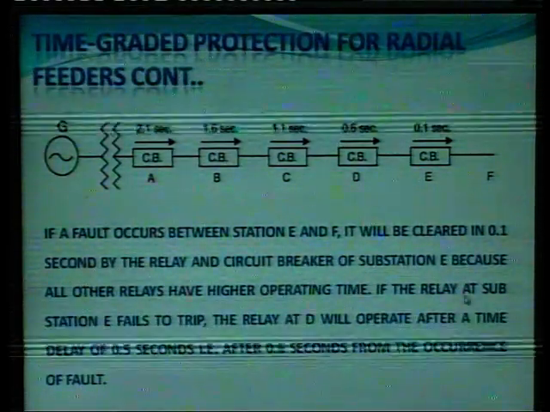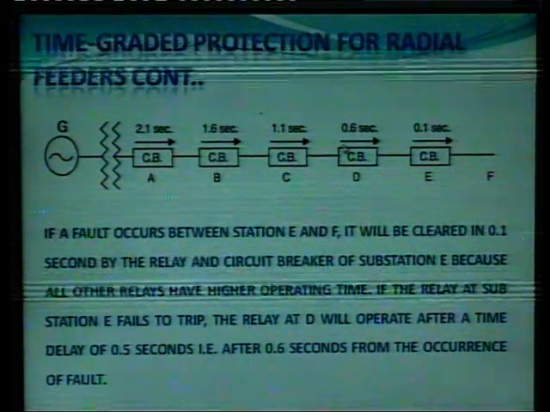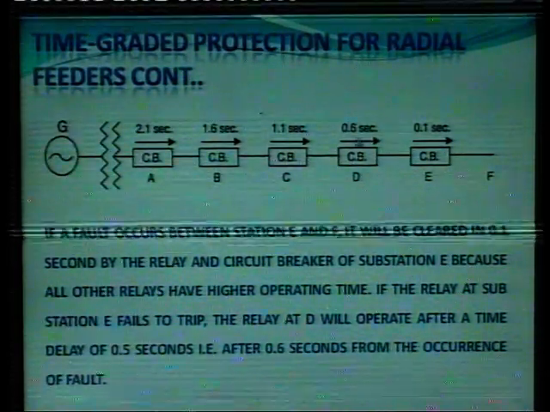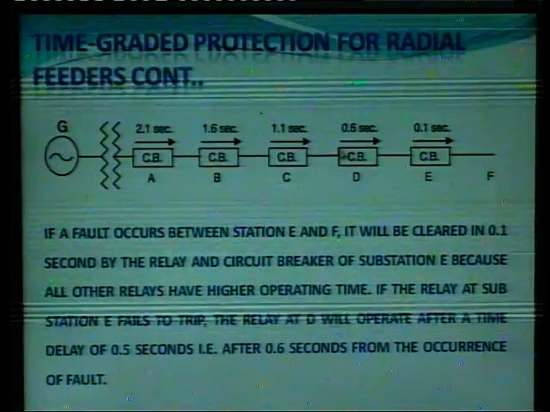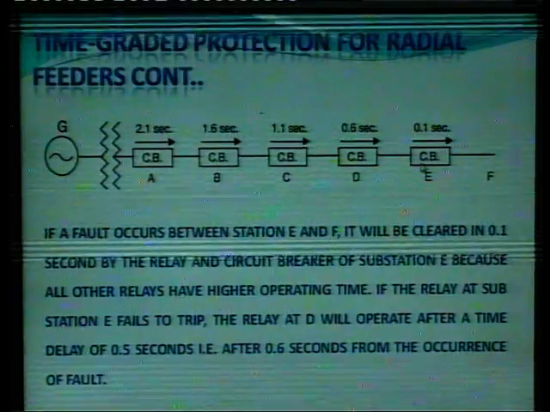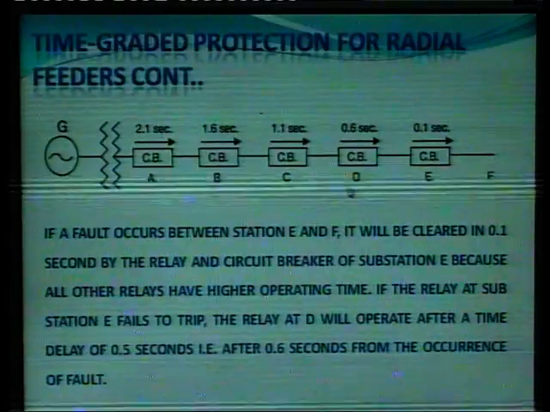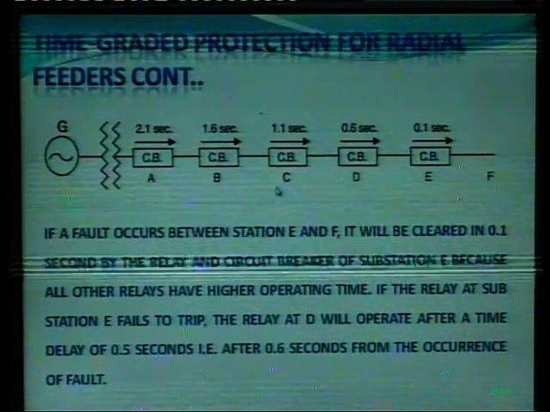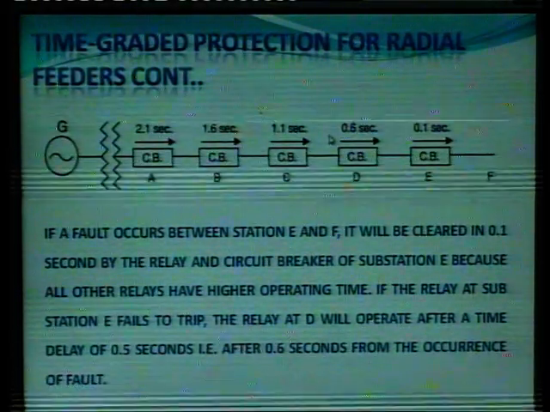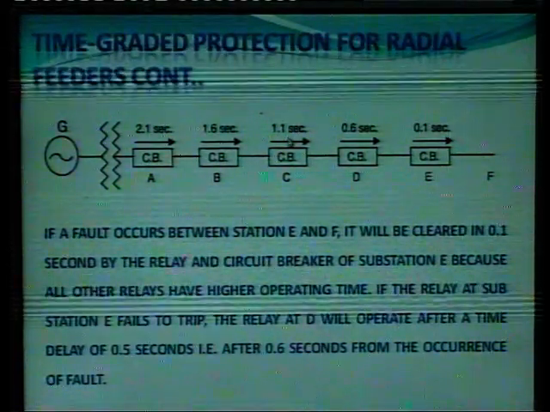Now, if the relay at substation E fails to trip, then the relay at substation D will operate after a time delay of 0.5 seconds, that is, after 0.6 seconds from the occurrence of the fault. Similarly, if D fails to operate, then the circuit breaker at substation C will operate at 1.1 seconds from the occurrence of the fault.